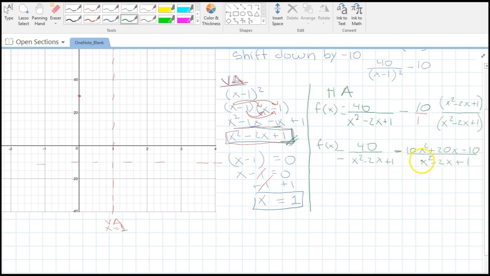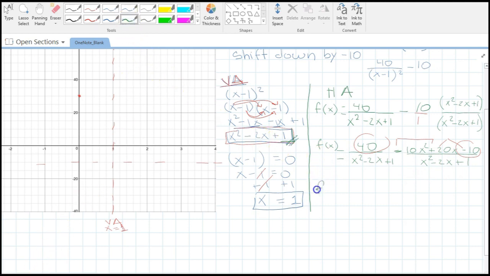Now that I have the same denominator, I'm going to combine the top. So we have to look for our common factors, and I need to write them in descending order. The first term has the highest degree, which is this one. We don't have any other x squared. Then I have only one x to the first power, and I have two constants here, so I'm going to combine them.